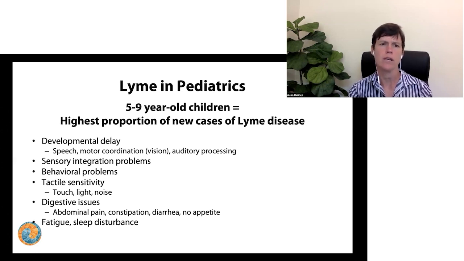If you have a known tick bite, and then after, time is marching on, and speech or motor coordination, all the different developmental stages, there's something that's off or that's not happening, that can actually be a sign of Lyme disease. Sensory integration problems, behavioral changes. Sometimes with kids, it's more digestive issues that come. I don't really see that much in adults, but with kids, I do.